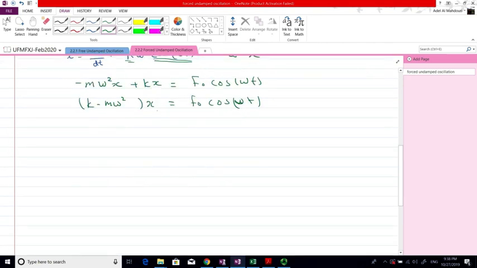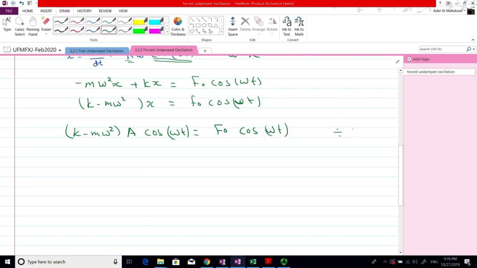But x will be A cosine omega t, where A is the amplitude. So we substitute, and we have k minus m omega squared, A cosine omega t, equal to F naught cosine omega t.